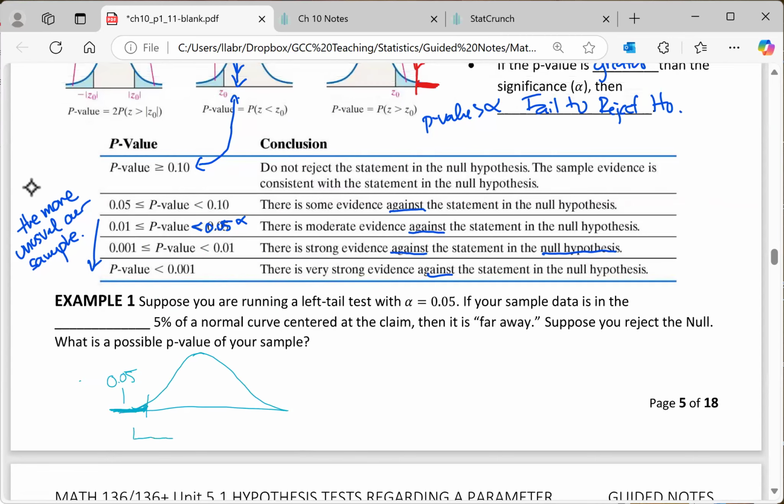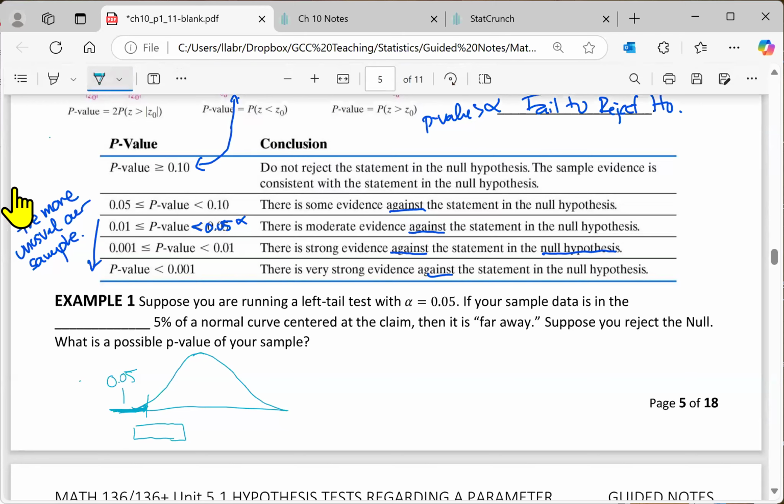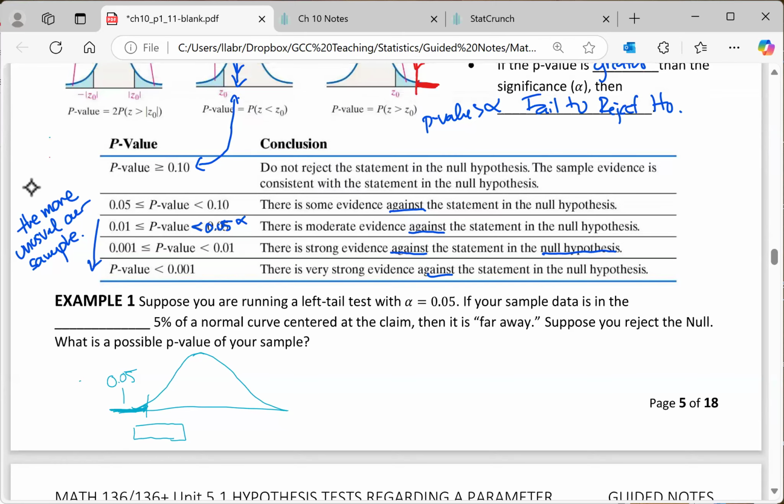And if you wanted to, you could actually find this critical value. I'm not going to worry about it. But now they're saying if your sample data is in the something 5% of a normal curve centered at the claim, then it is far away. So when are we quote unquote far away? Well, far away, we're in the tail that we've identified. So we would be in here, right?